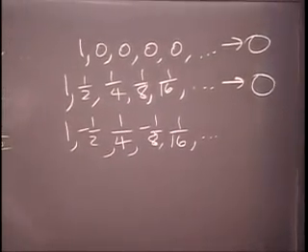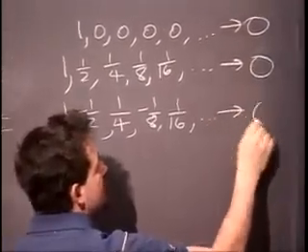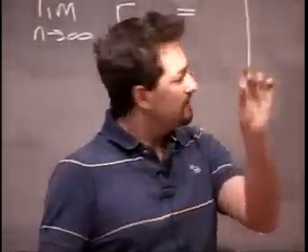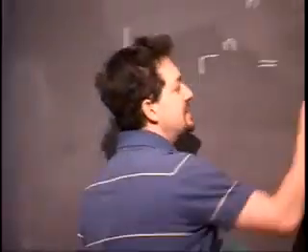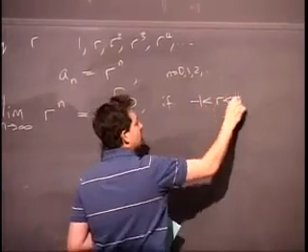It goes back and forth between positive and negative. Now this one also, however, converges to 0. It just does it from a sort of straddling 0 point of view. Points get closer to 0. Actually, these three are all special cases of the fact that this limit is 0 if r is any number less than 1 and bigger than -1.